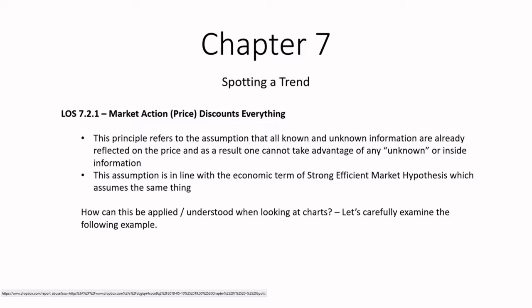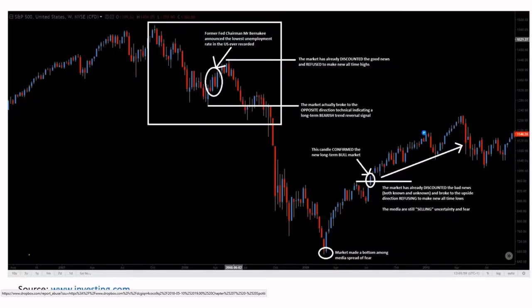The following example indicates the weekly chart of Standard & Poor's 500. This is an index that has the 500 companies with the greater market capitalization. So Standard & Poor's is a market capitalization weighted average.